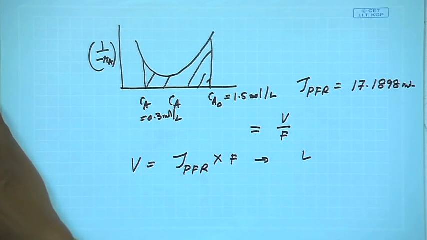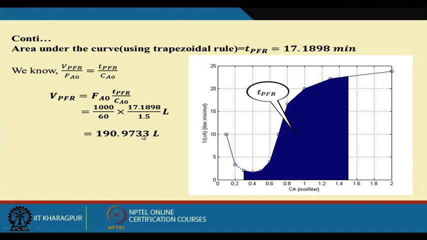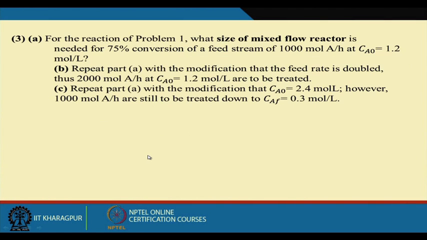This is exactly what we have found out. Your volume is coming about 190.9733 liters. This will be the volume of that plug flow reactor.